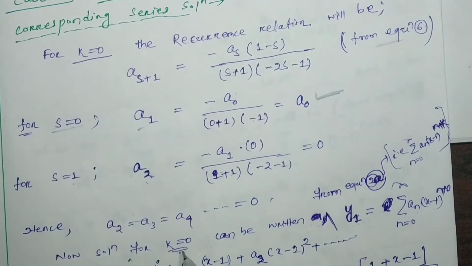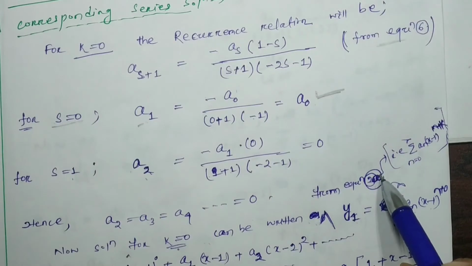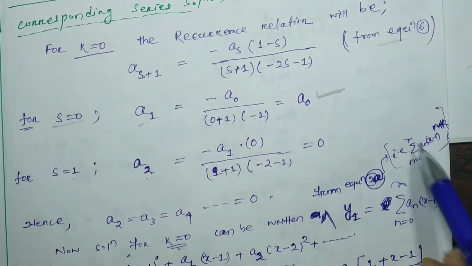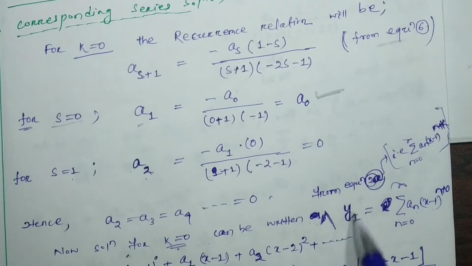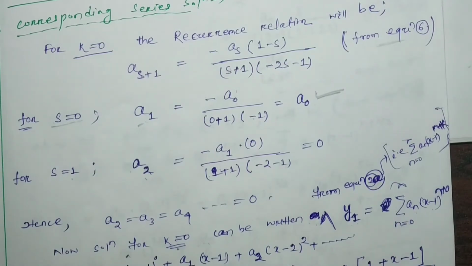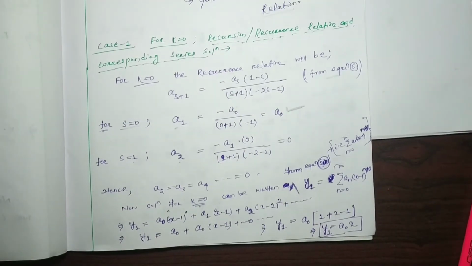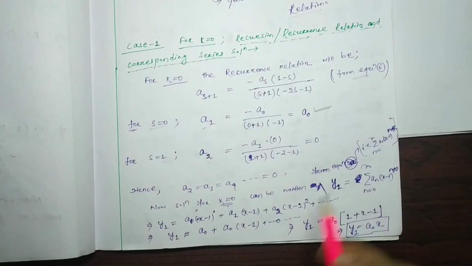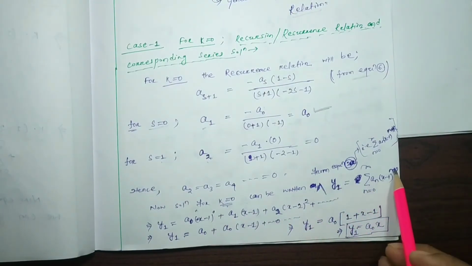Now the solution for k equal to 0 can be written from equation number 2a as y1 equal to the sum from n equal to 0 to infinity of a_n (x-1)^(n+k), where we put k equal to 0. Writing y1 in expanded form: a0 (x-1)^0, then for n equal to 1, 2, 3 and so on, a1 (x-1), a2 (x-1)^2, like this.